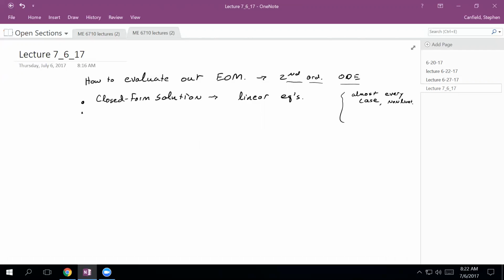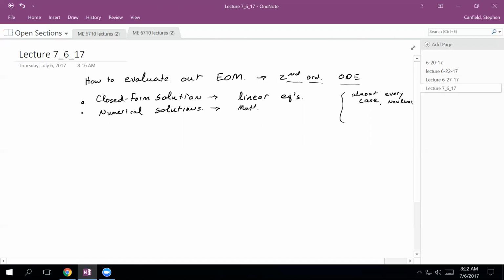The second scenario we can look at would be numerical solutions. Actually, I should jump back. There are probably some very sporadic closed form solutions to special cases of nonlinear problems, but those are rare. I'm going to assume they don't even exist for our purposes. The second case would be numerical solutions.